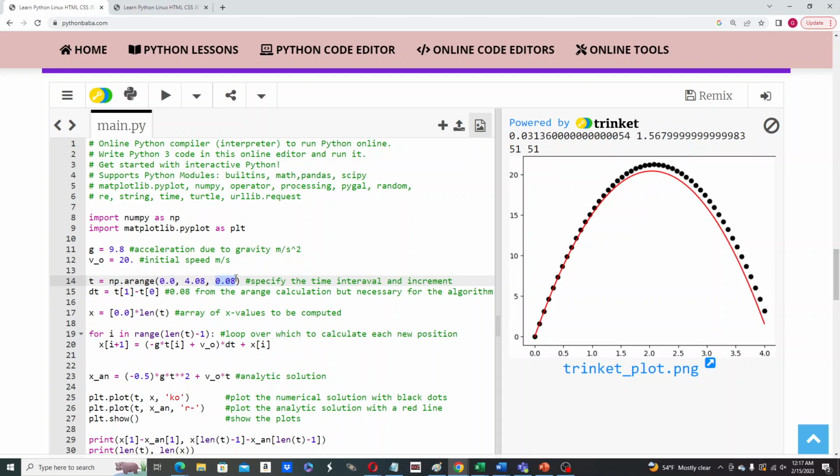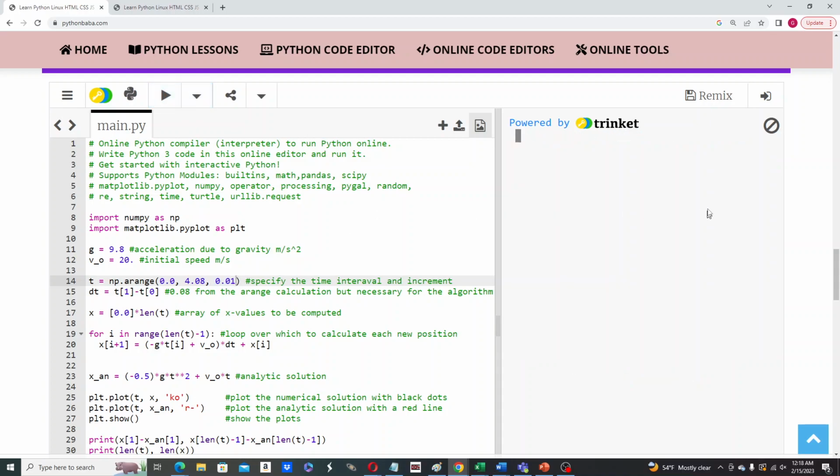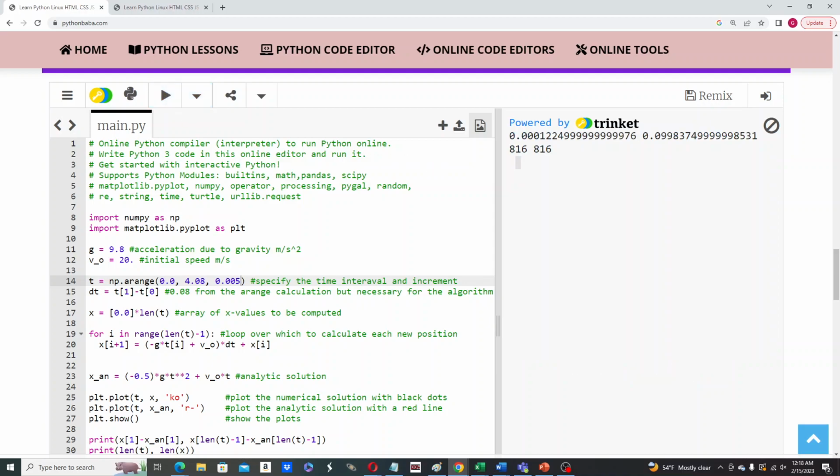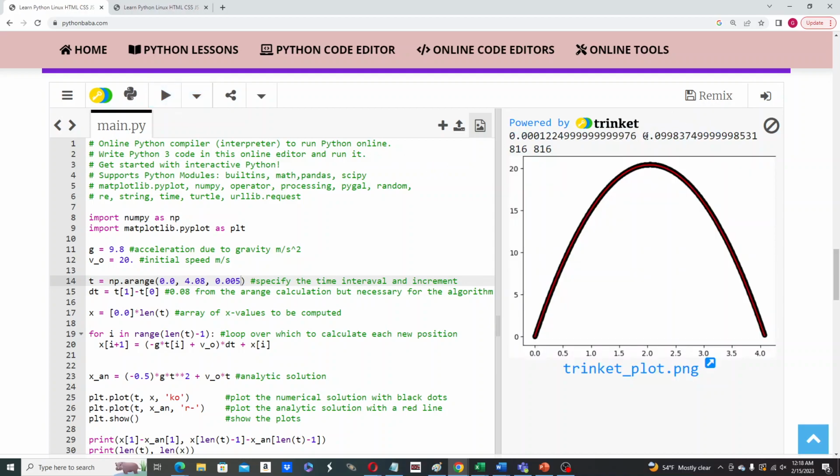When I change this down to 0.01, you'll notice this goes down to the centimeter range. There's only 19 centimeters, almost 20 centimeters difference between the red line and the black dot down there. If I go even further, 0.005, then I start to get very good precision, right?